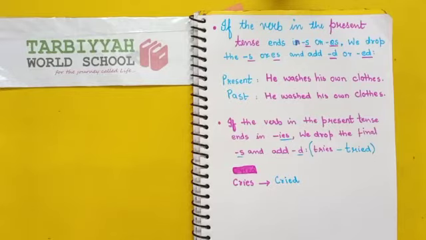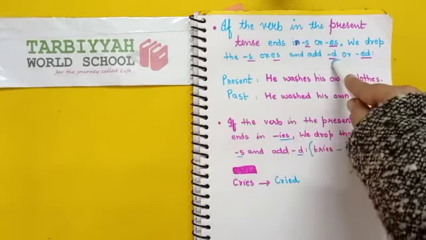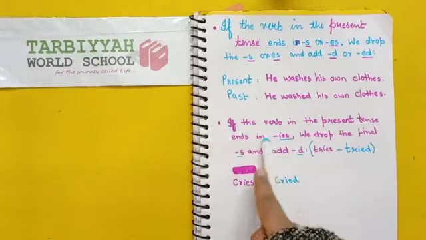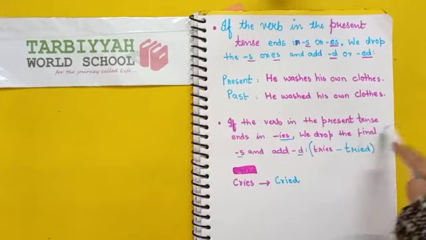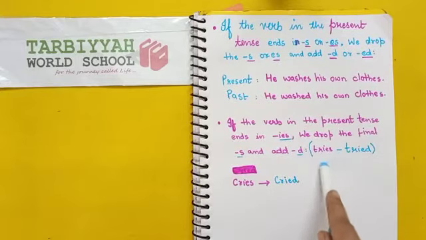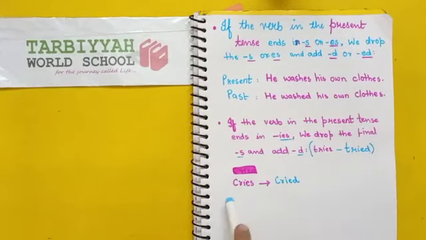So for the words that end in s or es, we drop s or es and we write d or ed. If the verb in the present tense ends in ies, we drop the final s, means last s, and we add d. Tries means tried. Cries means cried. Lies, lied. Talks, talked. So, like this, we can change the present tense to past tense.